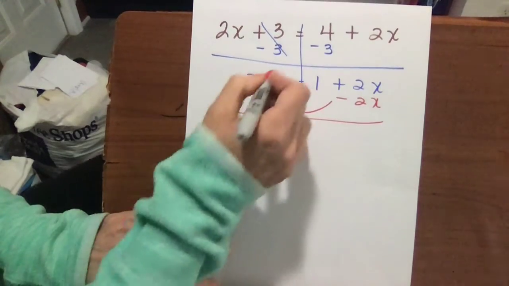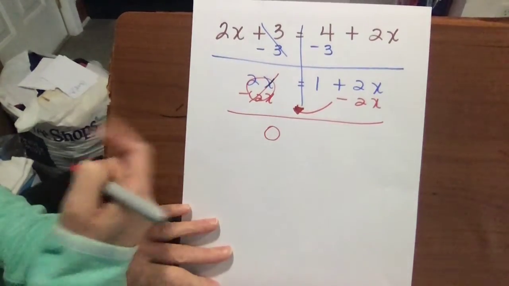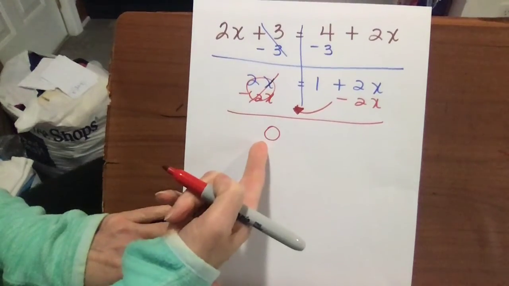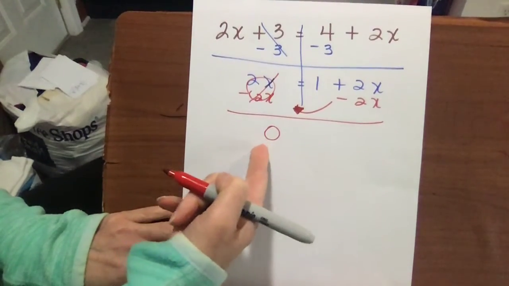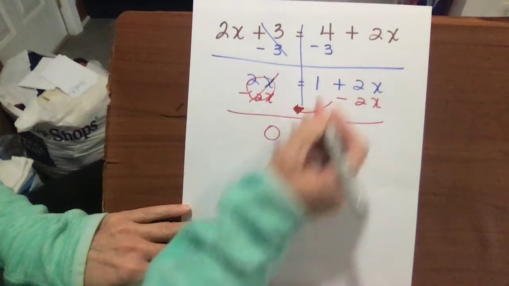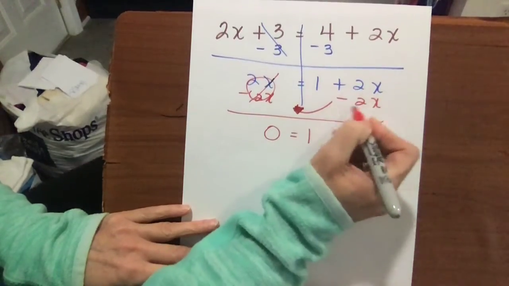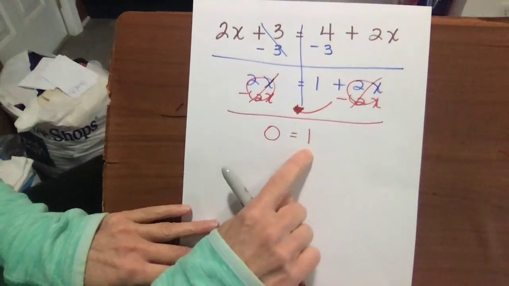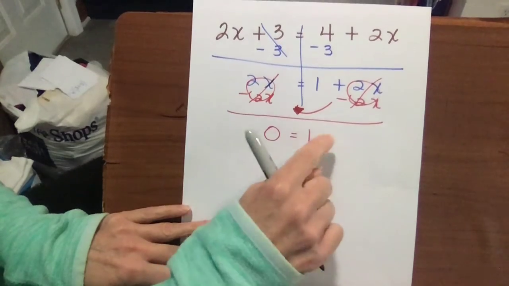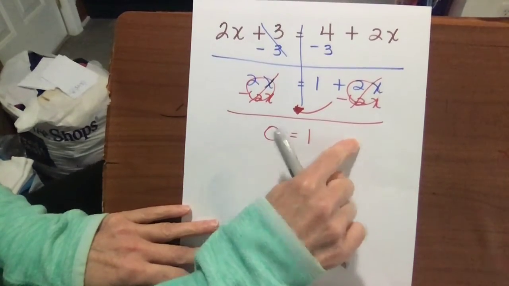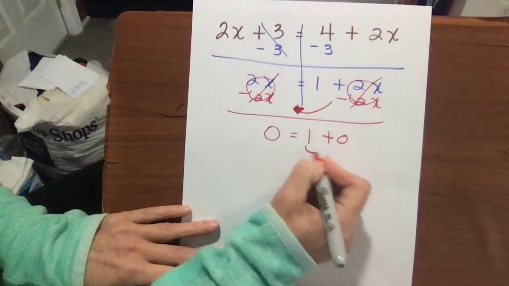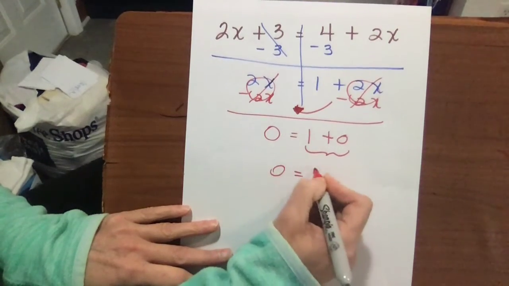It's gone. Bring that number down because there's nothing else to write on this side, so we have to put something, and it's got to be 0. Equals 1, but 2x minus 2x again is 0. But since I already have a number on that side, I don't have to actually say plus 0. If you wanted to, you could, and then you'd have to total that. So you have 0 equals 1.